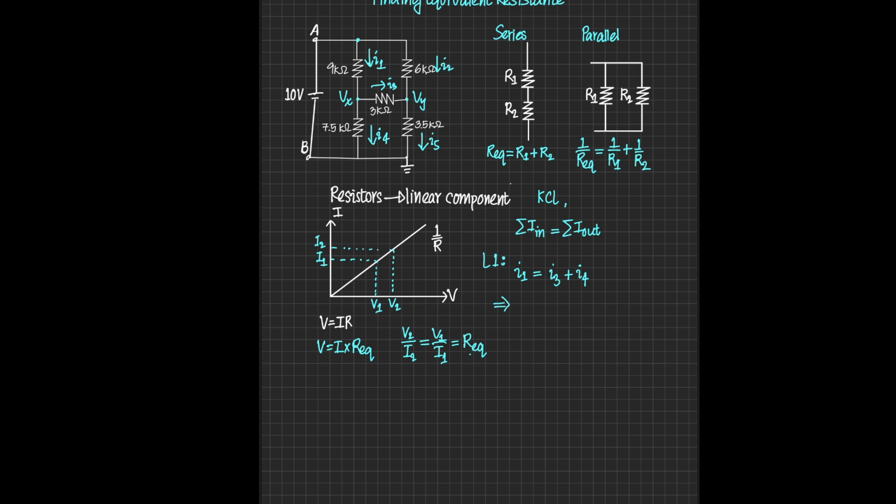I1 is 10 minus Vx by 9. I3 is Vx minus Vy by 3, plus Vx by 7.